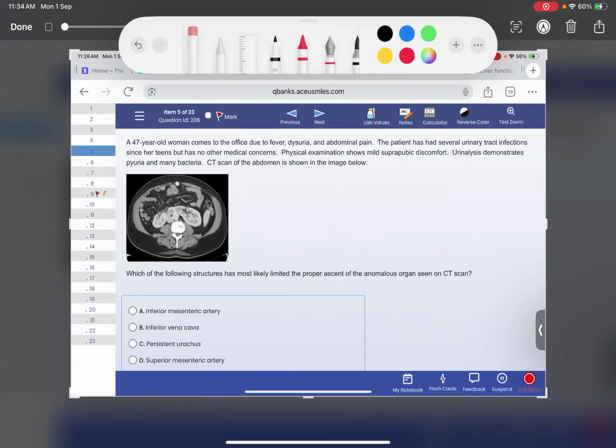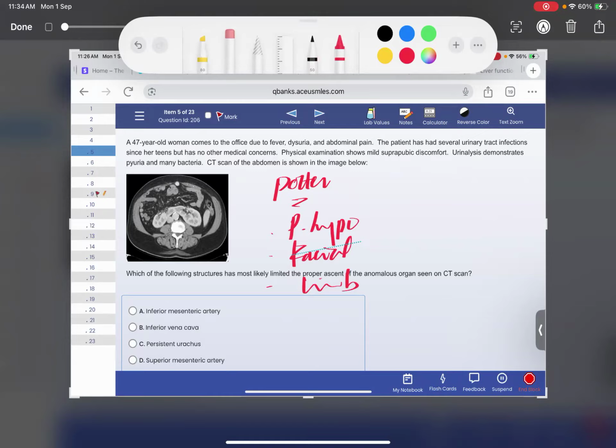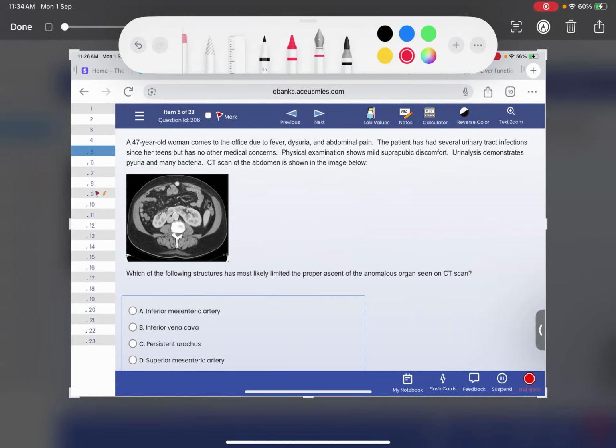So what is Potter's? What's the triad? Pulmonary hypoplasia, oligohydramnios, facial and limb deformity. These are the three important high yield points. Why does agenesis cause Potter's?